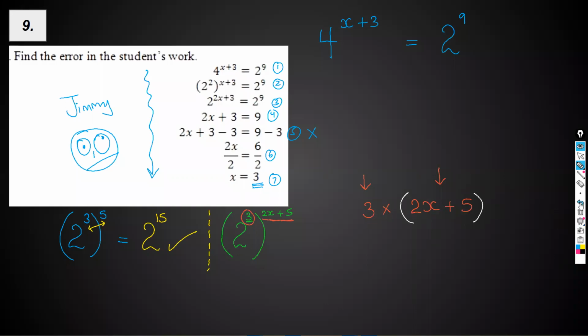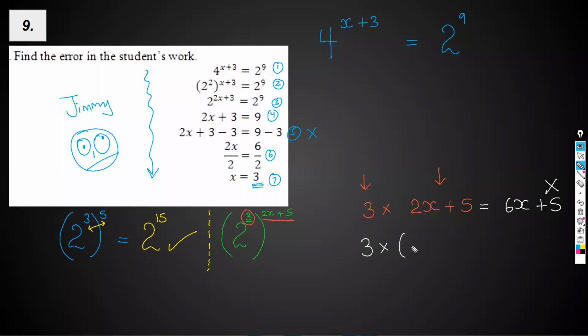If I do not put the brackets, you know what this means? This means you're only multiplying the closest person. So only the 2x gets multiplied by 3. So you will end up with this, 6x plus 5. But this is wrong because we want to multiply the whole thing by 3.